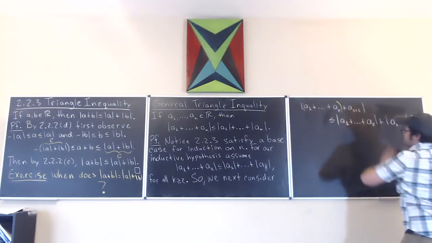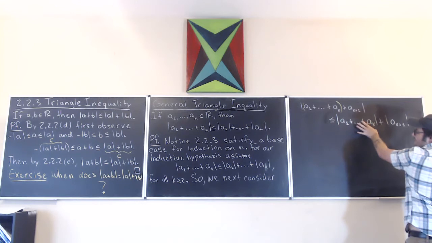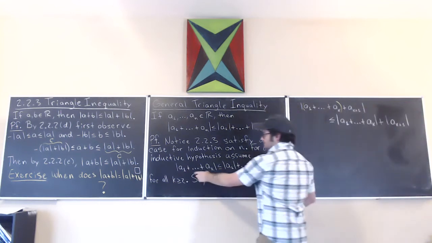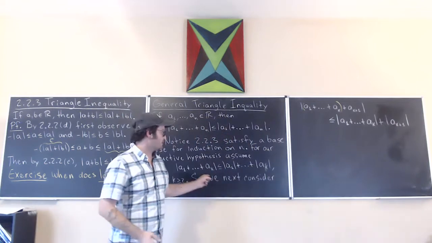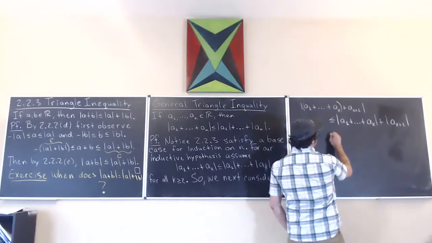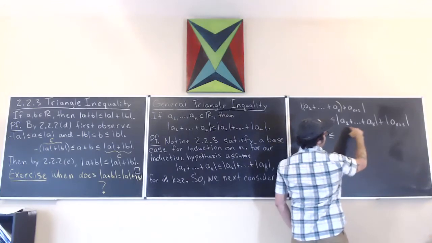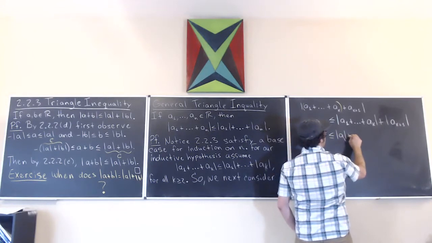But then this is a sum up to k, and we know that this sum is going to hold by our inductive hypothesis again. So then this sum is at most the sum of the absolute values.